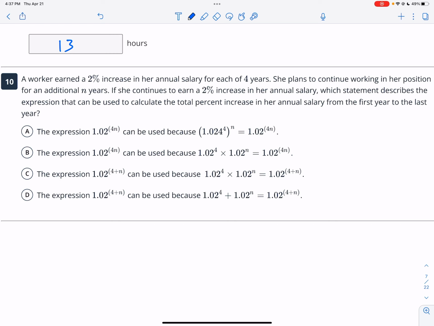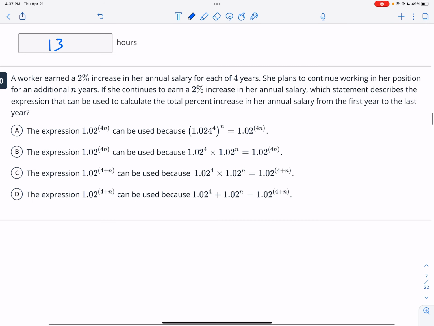So a worker earned a 2% increase in her annual salary for each of 4 years. So she started off at 1, right? 1 times her salary. So she started off at her salary.